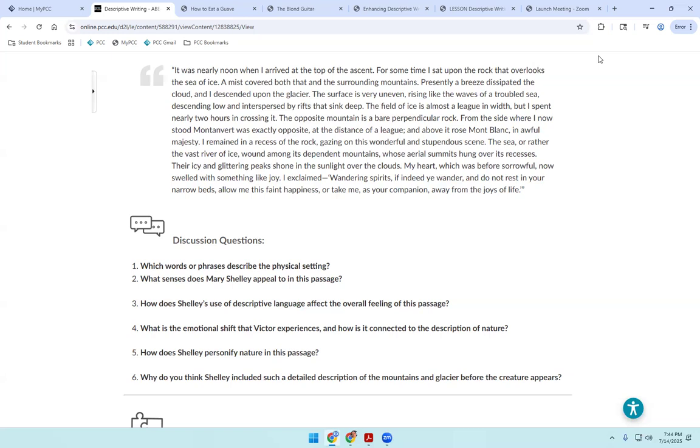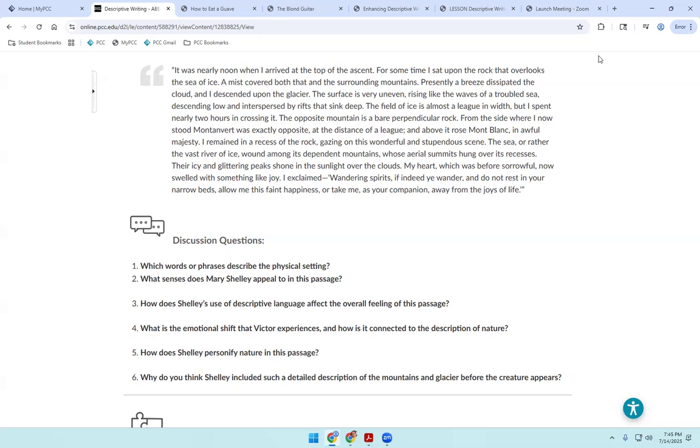Lots of examples of sight. How about feeling? Any touch? The surface is very uneven. Excellent. Yes. Very good. Very good. Okay.